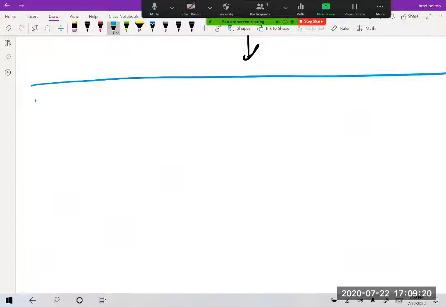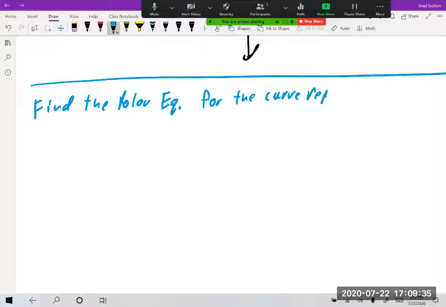So it says they may ask you to find the polar equation for the curve represented by y equals 1 plus 3x. Okay, so we have to find the polar curve that's represented by y equals 1 plus 3x.